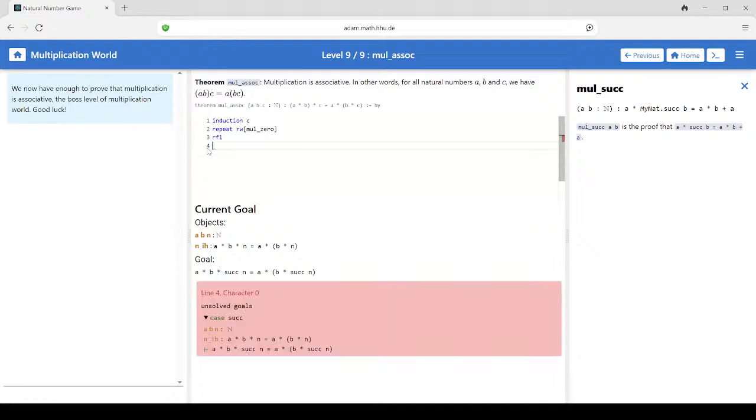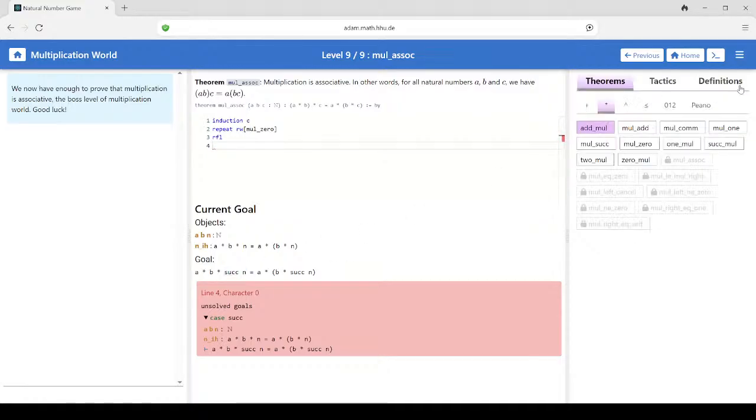Let's go back, because I'm stuck. What we should do next is... we have an a times b times the successor of n.